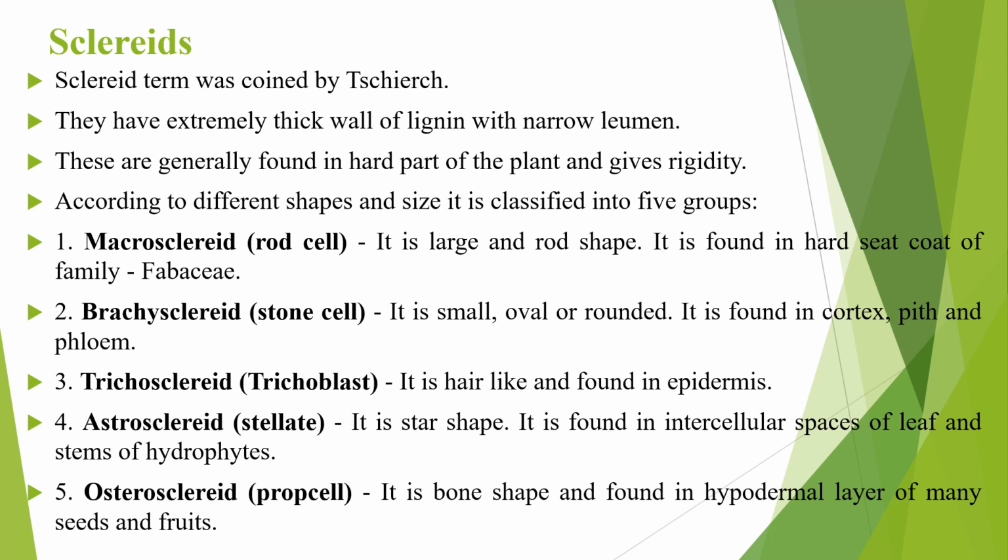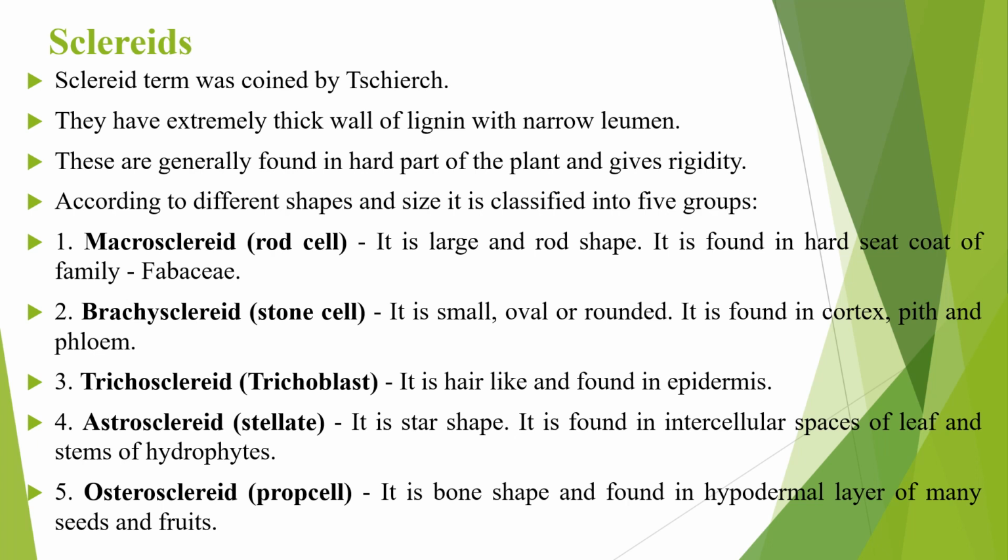What is macrosclereid? It is large and rod-shaped and found in the hard seed coat of the family Fabaceae, or Leguminosae. In Fabaceae and Leguminosae plants, these rod cells or macrosclereids are present in their hard seed coat. Then brachysclereids, or stone cells, are found in the cortex, pith and phloem.